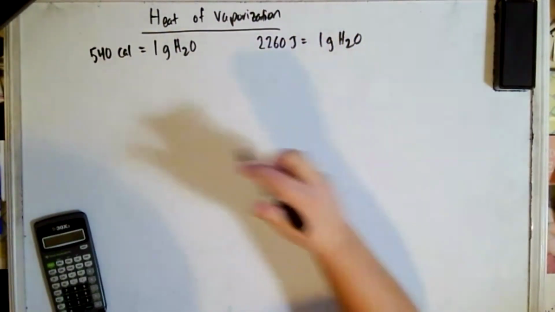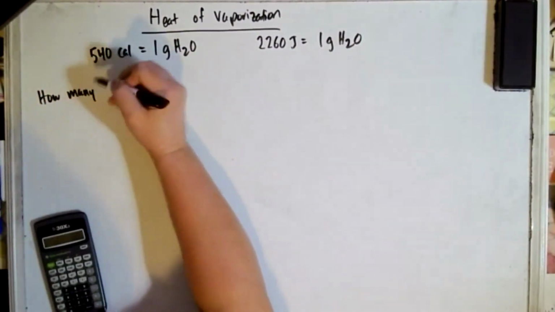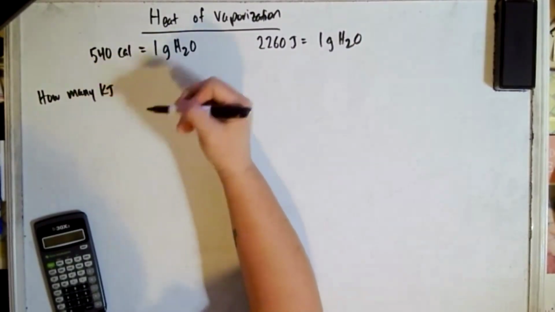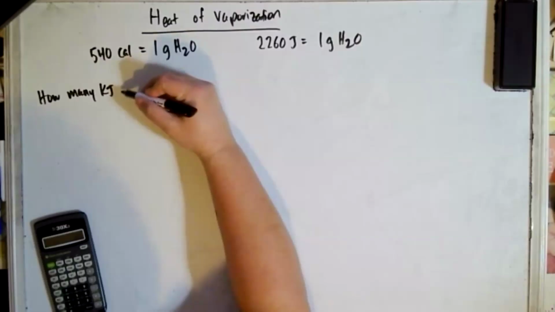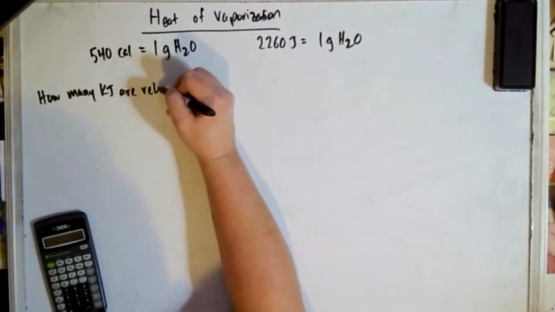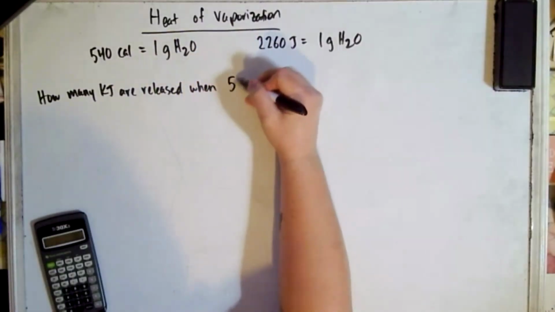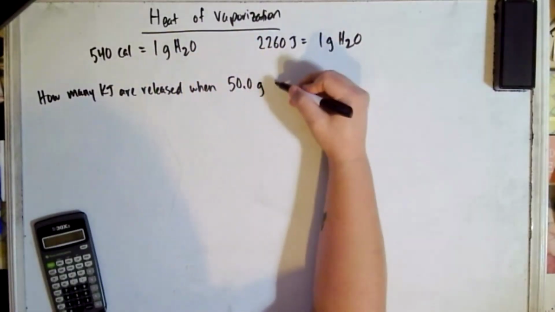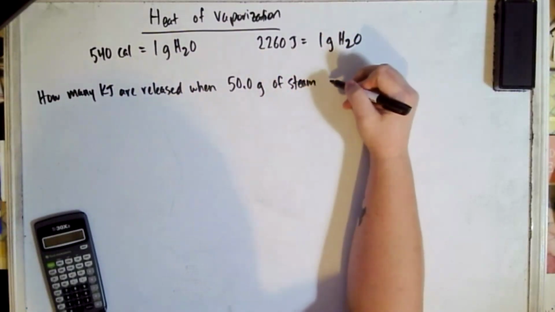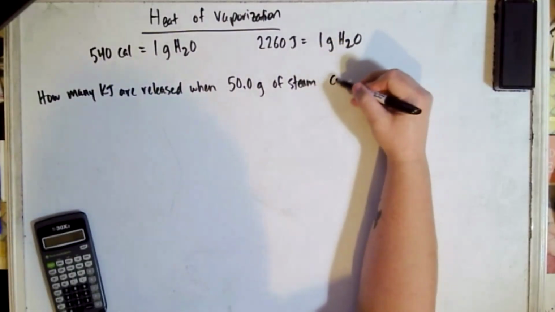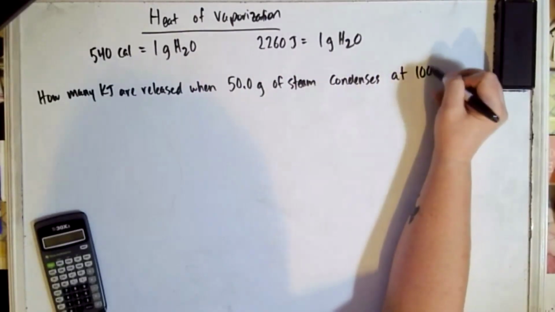And the question that they were asking us is how many kilojoules are released. And notice they say released because we're going to be condensing. So how many kilojoules are released when 50 grams of steam from a volcano condenses at 100 degrees Celsius?